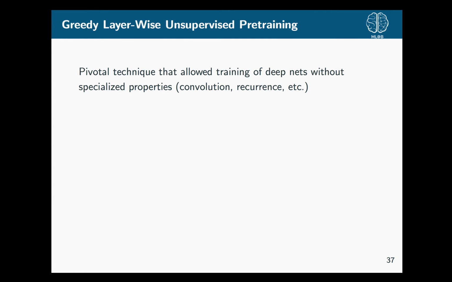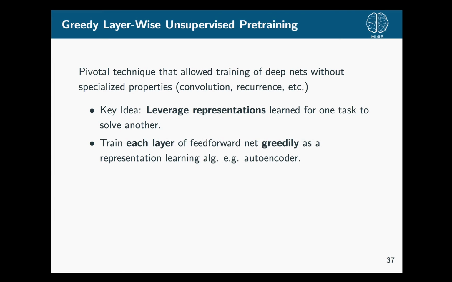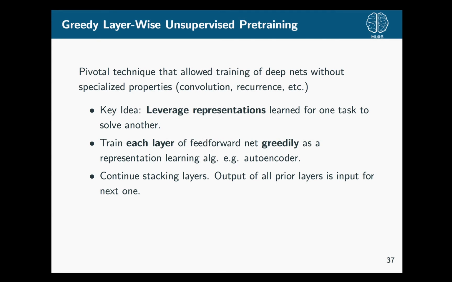Two weeks ago, I talked about greedy layer-wise supervised pre-training. Today we're going to talk about greedy layer-wise unsupervised pre-training. If you remember from last time, the way that worked was you build it layer by layer, and every time you add a new layer, you freeze the layers before it, and you train the next layer for the labels.